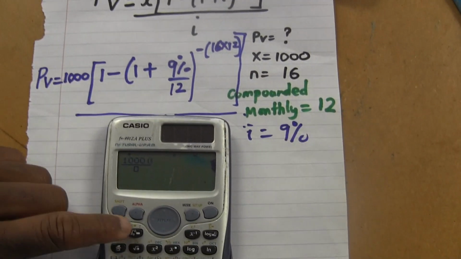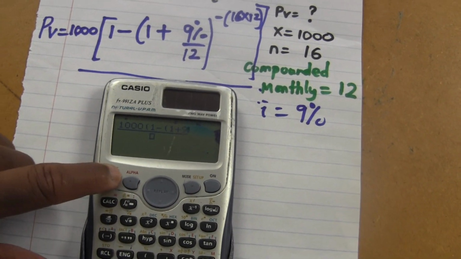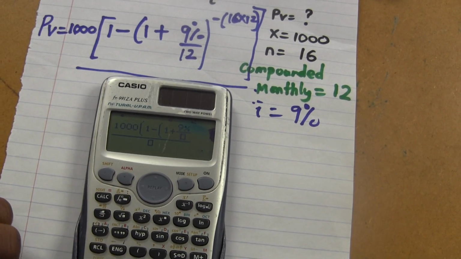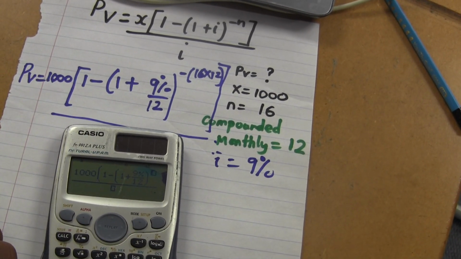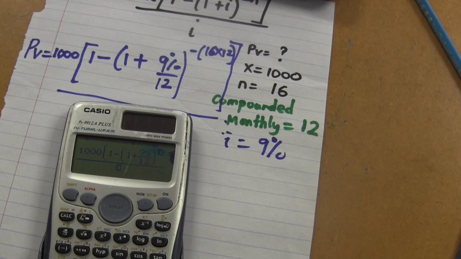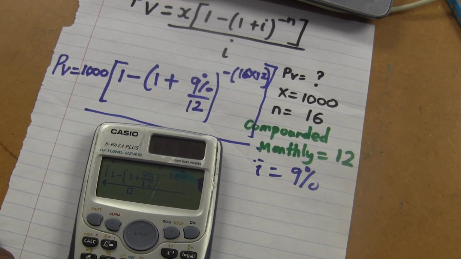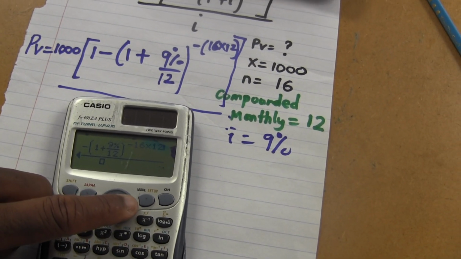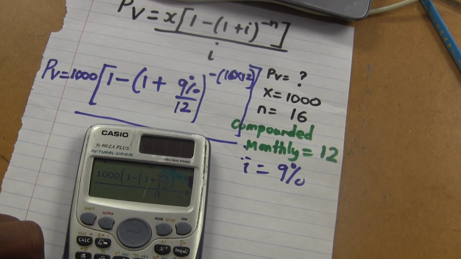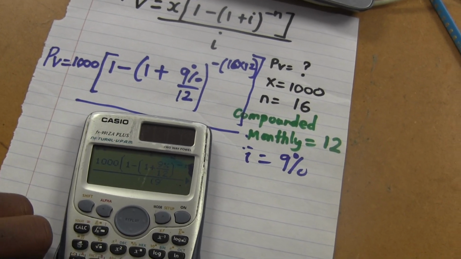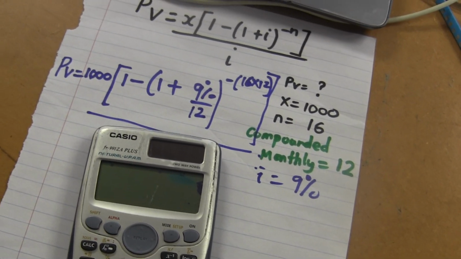After the bracket we say 1 minus, bracket, 1 plus 9%, fraction, divided by 12, close, power minus 16 times 12, because 16 years, compounded monthly. Close your bracket and then they come underneath. So we have the 9% interest divided by 12 also. Close and get the final answer.